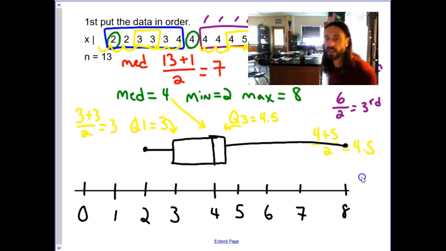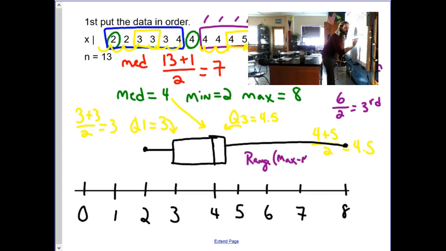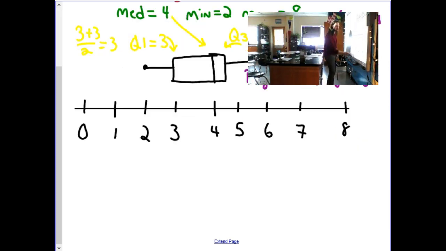So if I wanted to calculate the range, let's get that purple marker out. My range is max minus min. So that range would be 8 minus 2, which is 6. If I wanted to do the interquartile range, IQR, that's Q3 minus Q1.